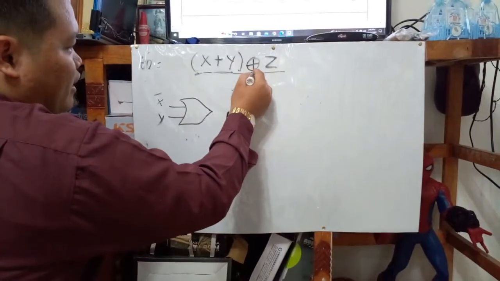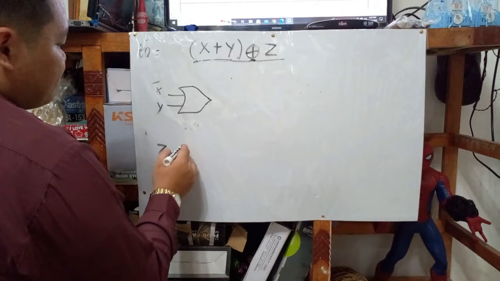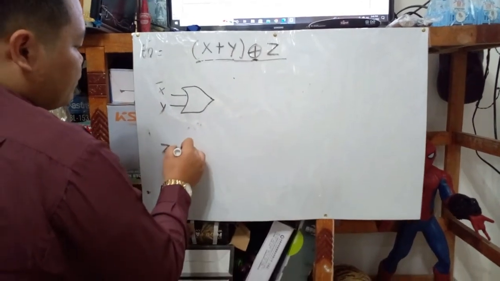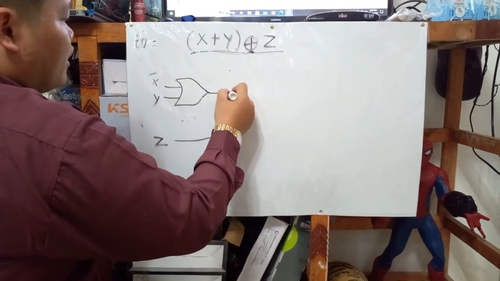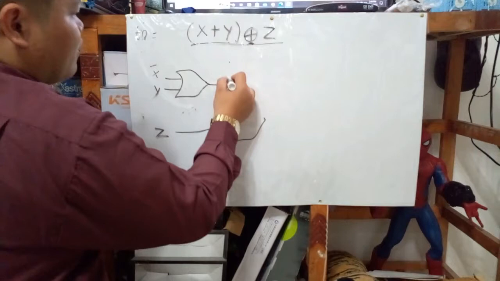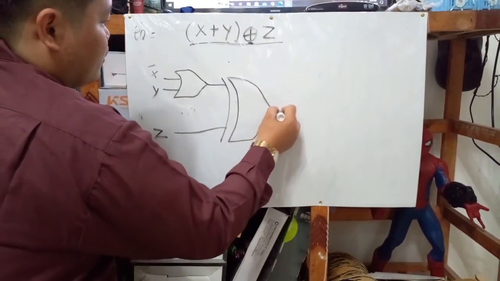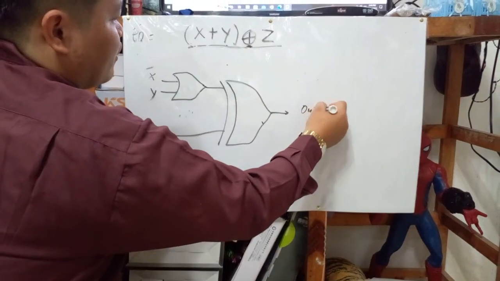So katong gi-pakita nako last. So your symbol sa XOR will be XOR ana. So meaning, this is your final output.